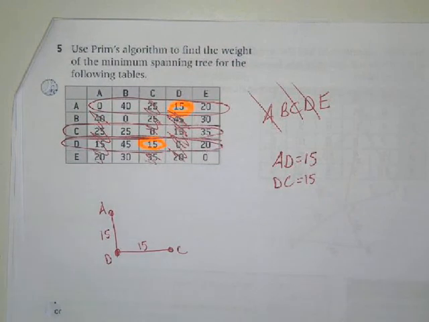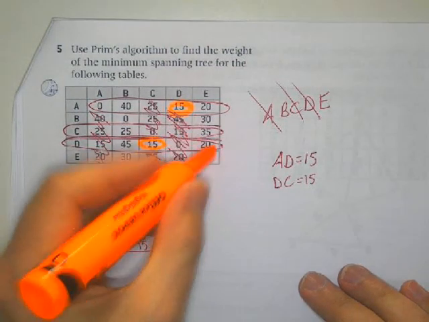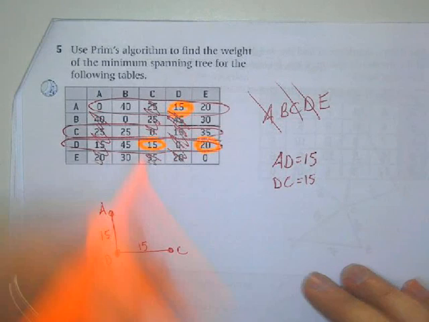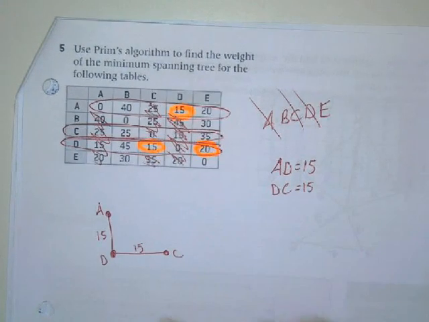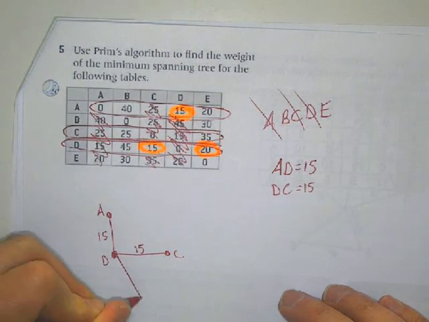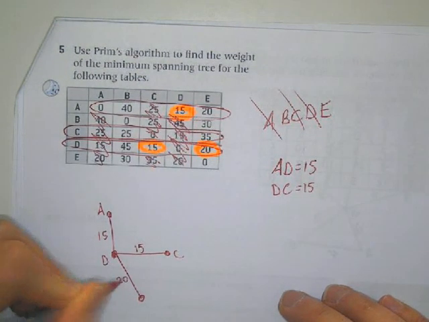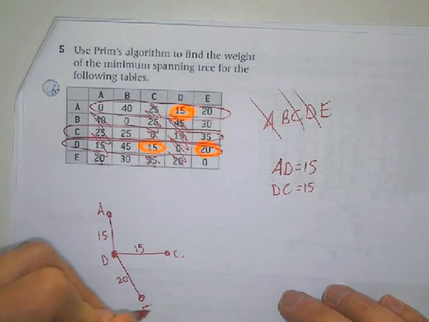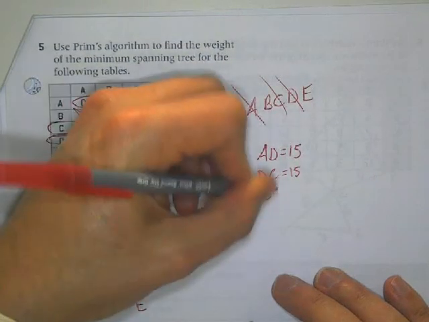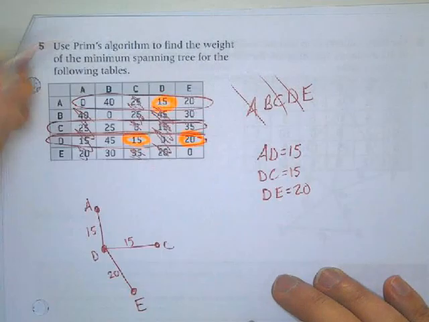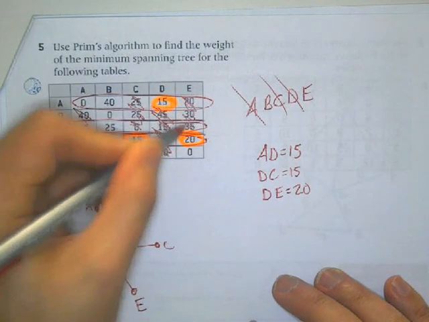It doesn't matter which 20 I pick. I'm just going to pick this one here. So this 20 goes from D to E. So from D to E, our edge weight is 20. So D to E equals 20. And now I can cross out this here.